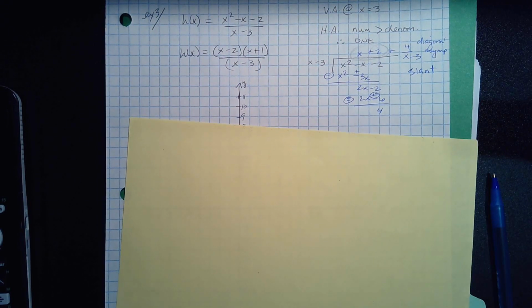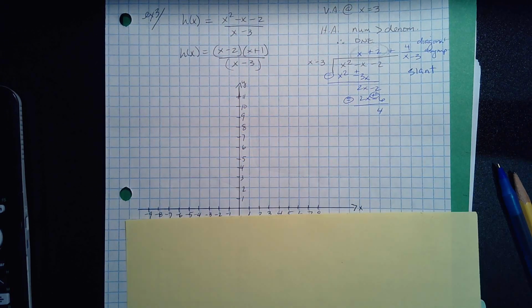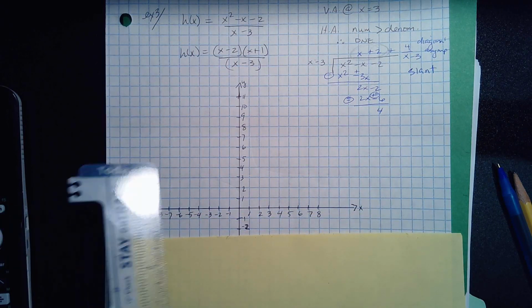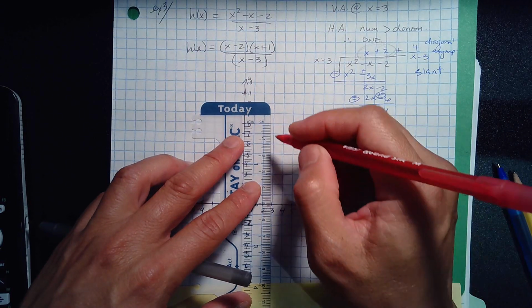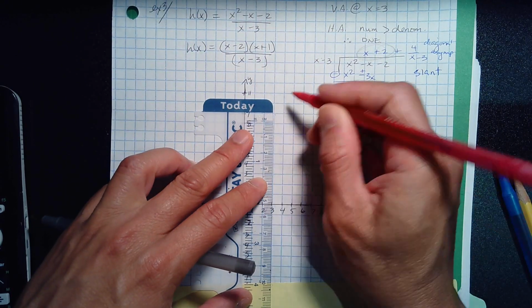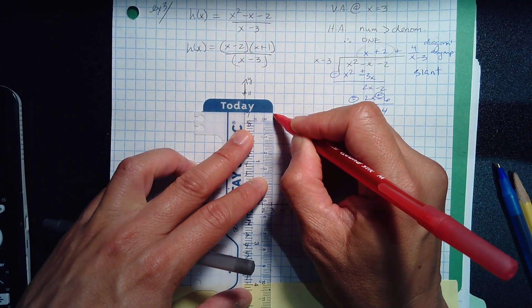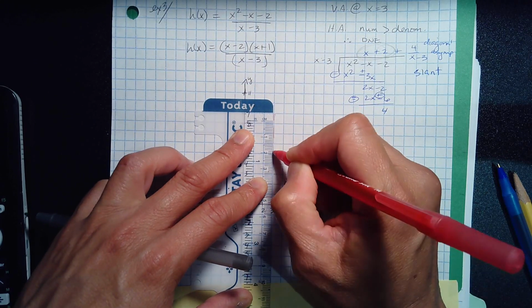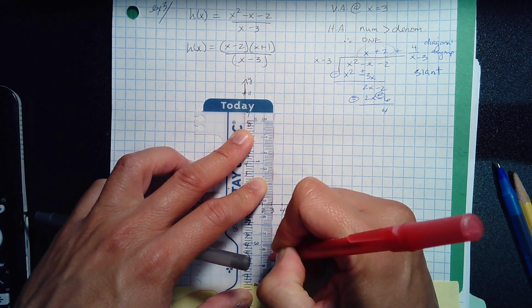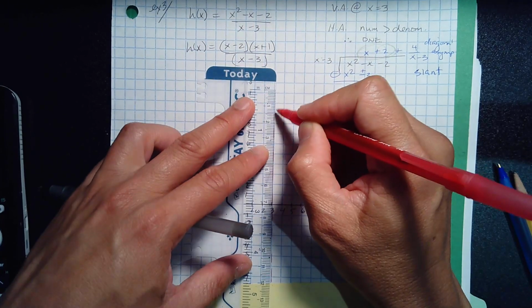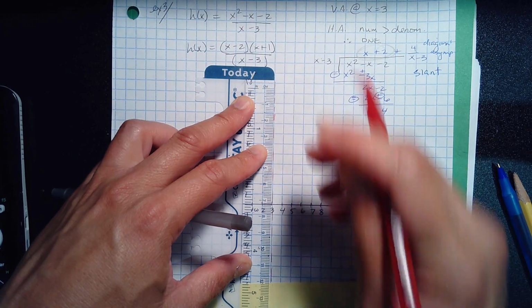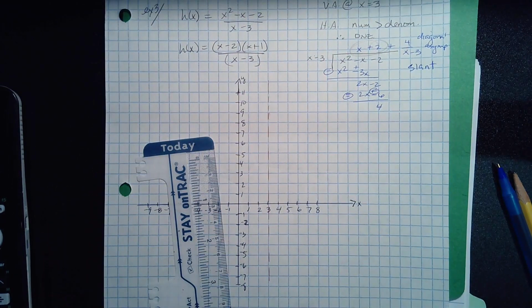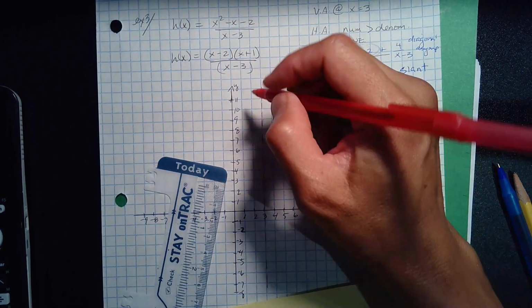So first, let's graph the vertical asymptote at 3. So vertical asymptote at 3. Okay, so that's our vertical asymptote.